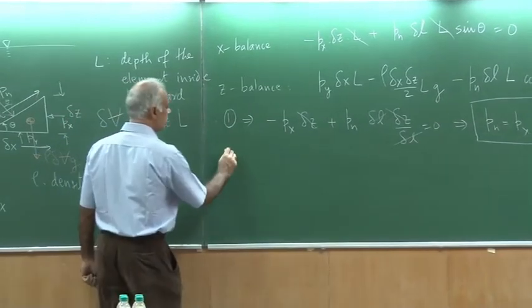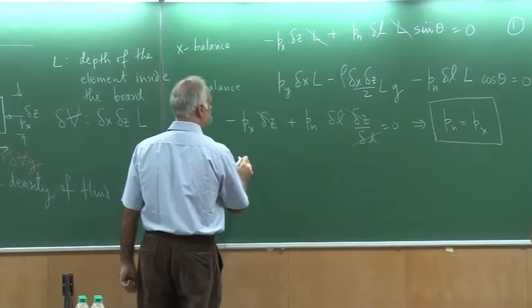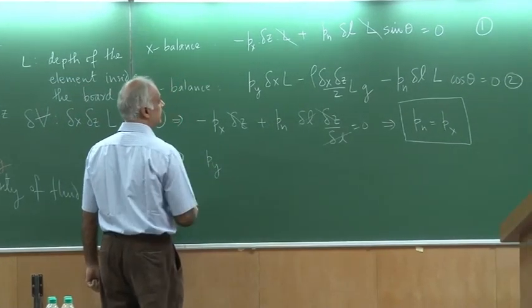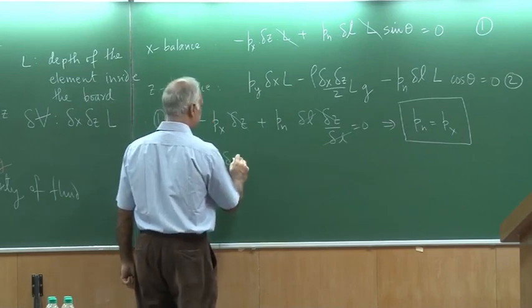Let's see what equation 2 gives me. Equation 2 tells me that I have Py times delta x.